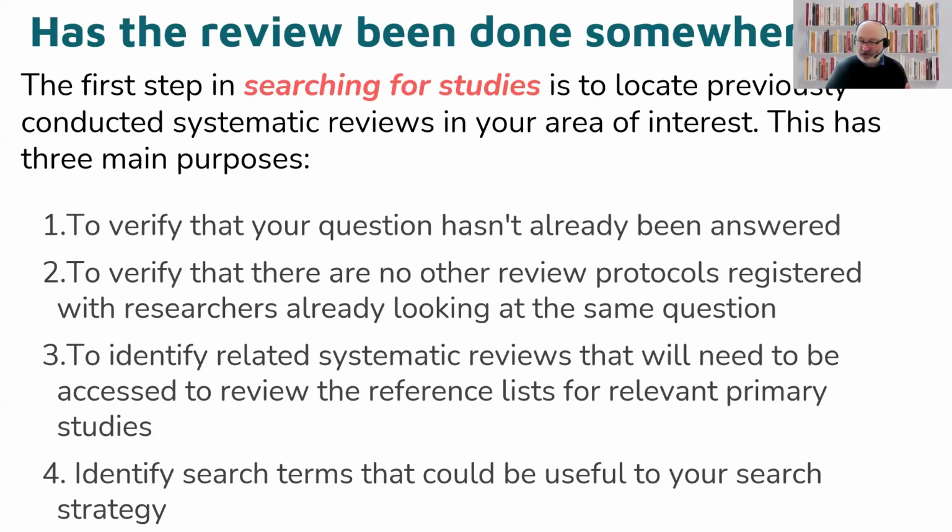All of those different streams come together to help you tease out how you're going to search. Remember, one of the first things we said is that your search has to be exhaustive. You're trying to find all the literature for your research question. So don't underestimate how many keywords you'll need to search for that.